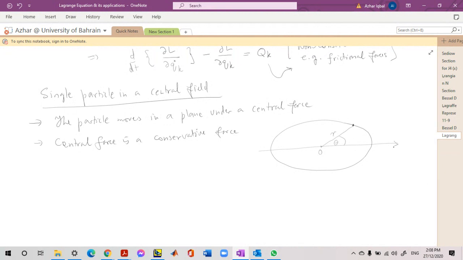For such a situation, the first thing to do is choose the polar coordinates as the generalized coordinates, which means we select q1 to be r and q2 to be theta.